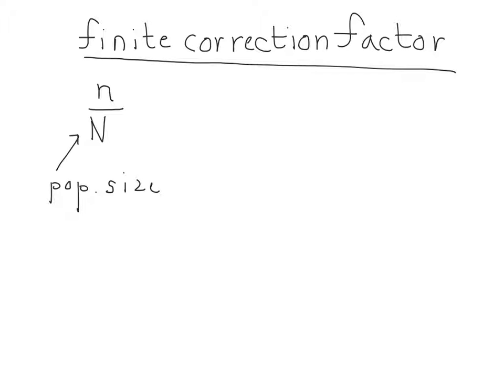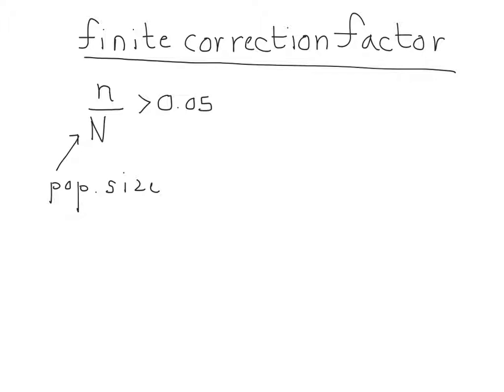If you're sampling without replacement, which you typically are, you want to take the size of your sample and divide by the size of the population. And if that proportion is greater than 5%, 0.05, you need to use this finite correction factor. Okay? And we'll demonstrate this with an example.